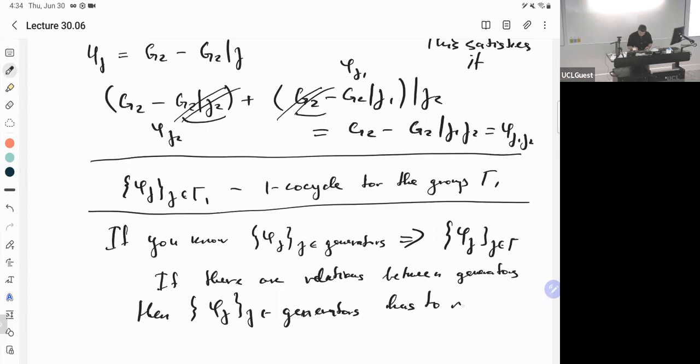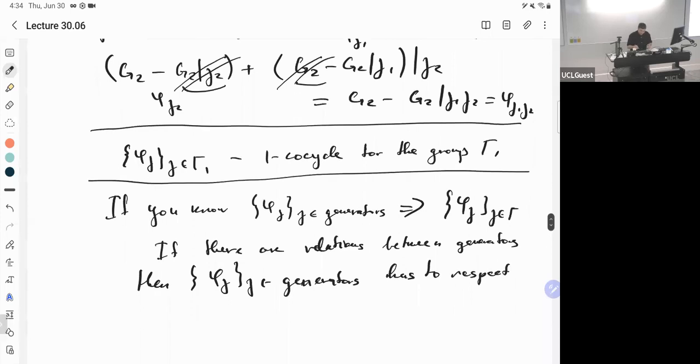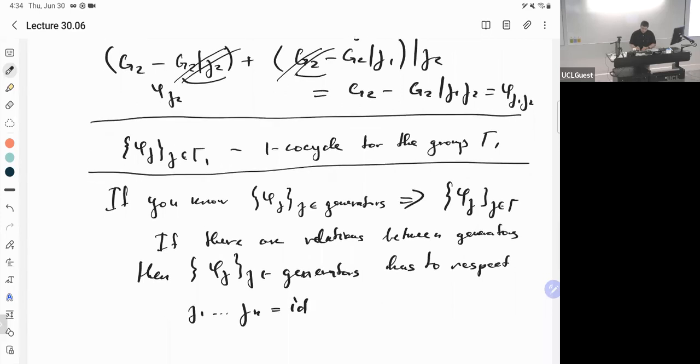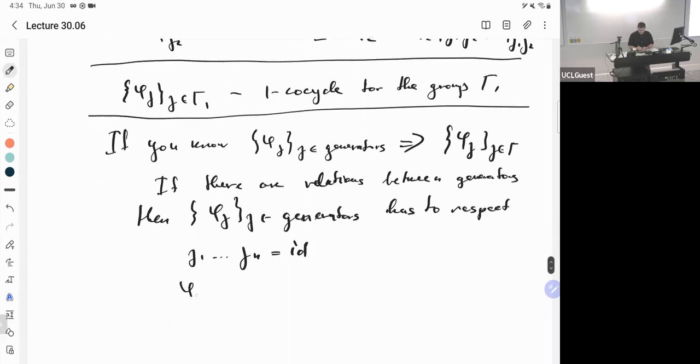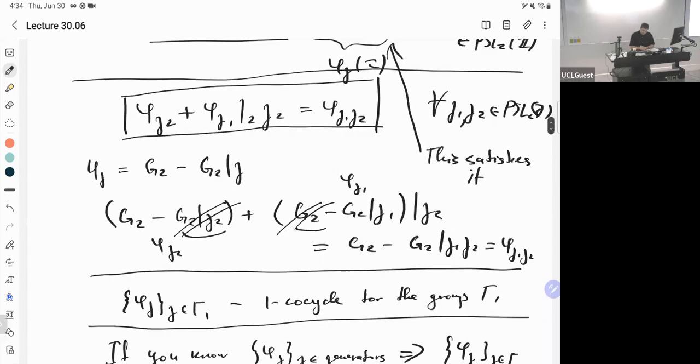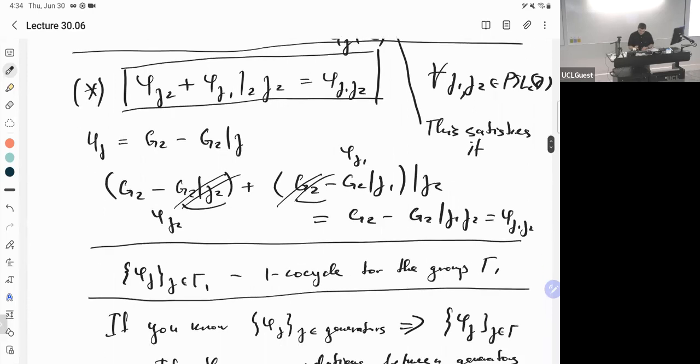I won't go into detail exactly what this means, but roughly, if you have a relation of this type, then you can compute phi of the identity, which is always 0 in any cocycle, is equal to phi gamma 1 through gamma n, and then you repeatedly apply this cocycle condition.